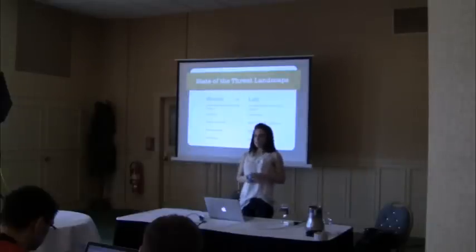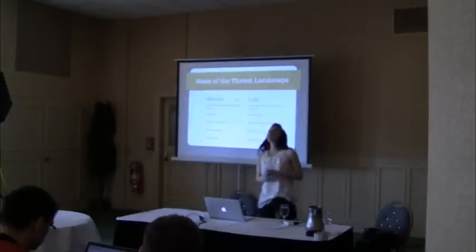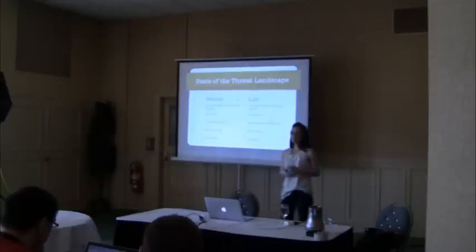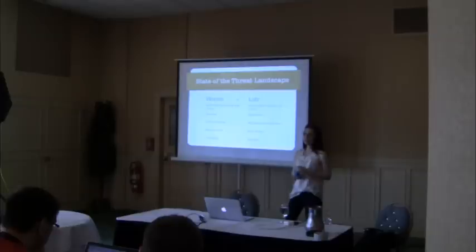So the state of the threat landscape right now, I would say that just in general, we've gone from worms to LulzSec, and I know that you guys attended the keynote session this morning, and you know all about Anonymous and LulzSec and motivations now.